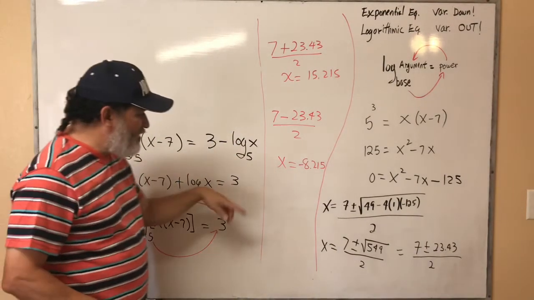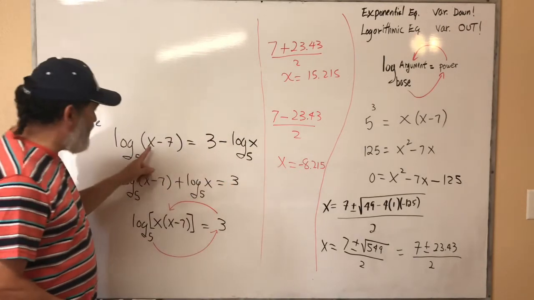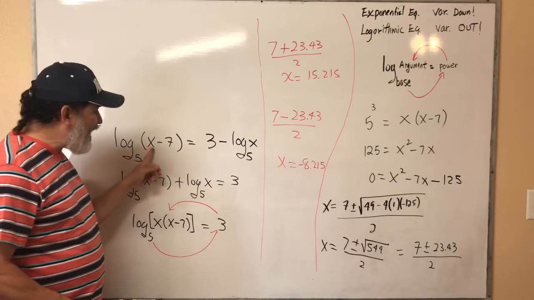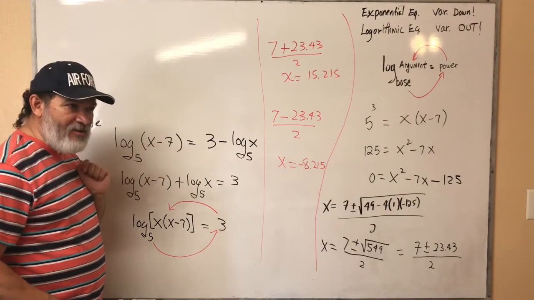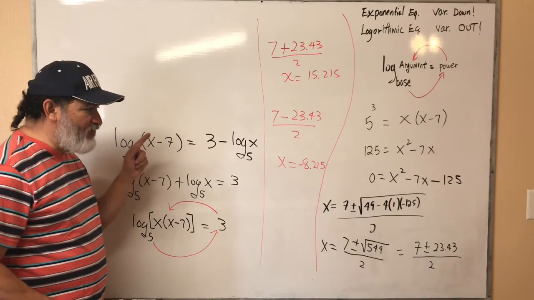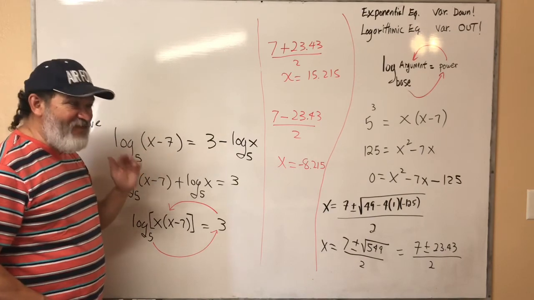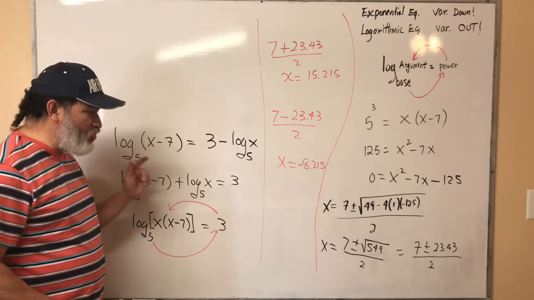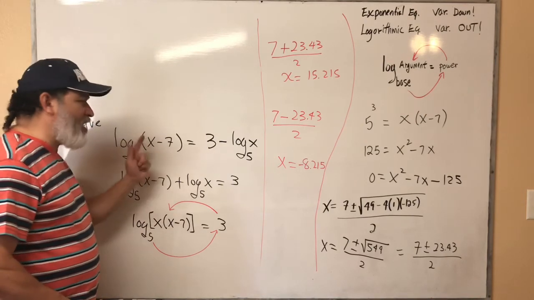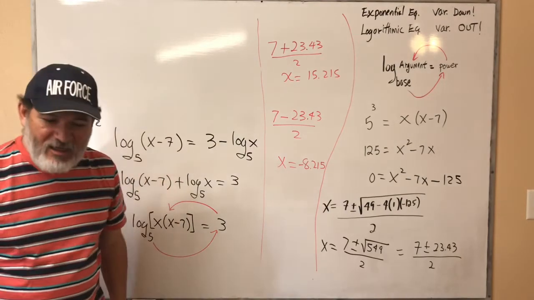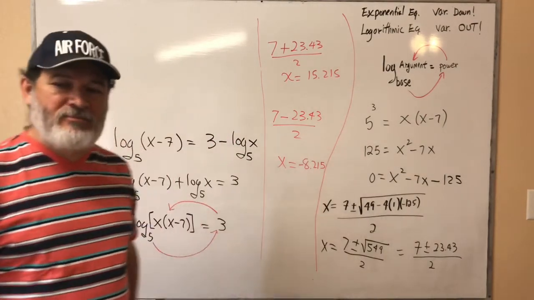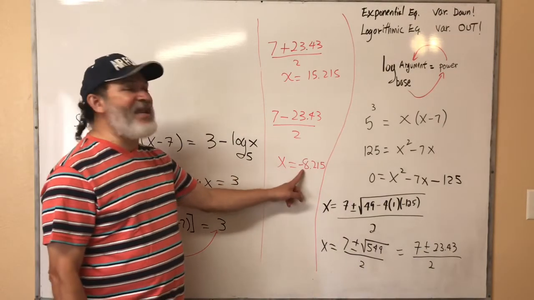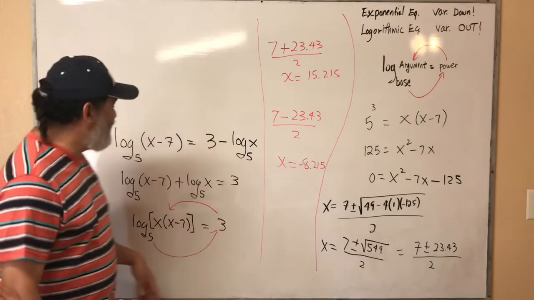But watch this. When you plug this in here, what's log base 5 of negative 8.215 minus 7? That's negative 15.215. Log base 5 of negative 15, what is it? Error. This is not in the domain of this logarithm.